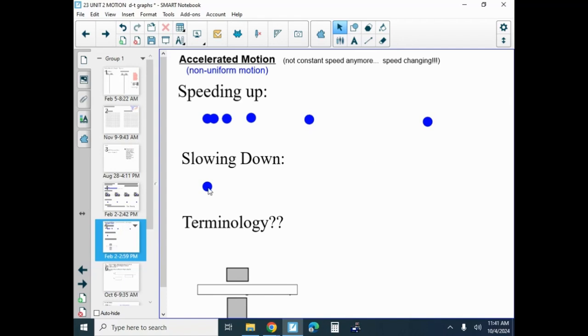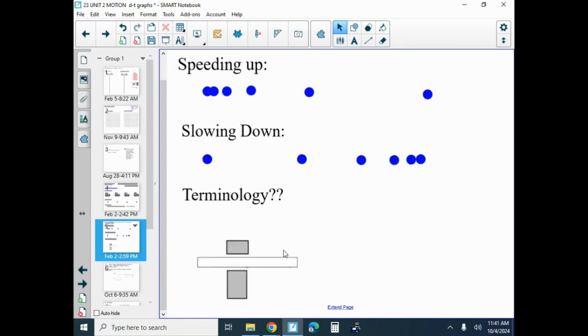And if it was slowing down, it would be moving a lot at first, and then not as much, and then even less during each time interval, the distance it travels, right? So it's going to be traveling less and less each time, like that. So increasing spacing for speeding up and decreasing spacing for slowing down, right?